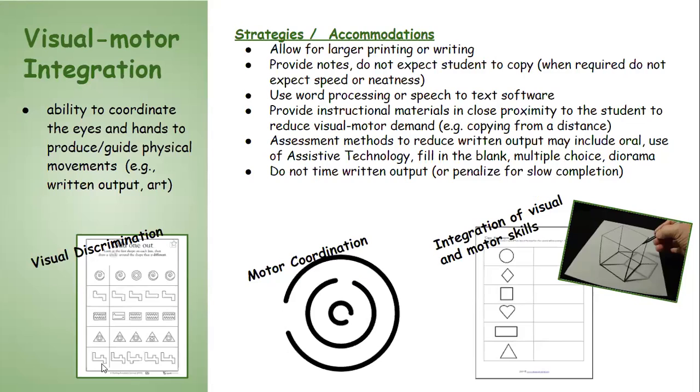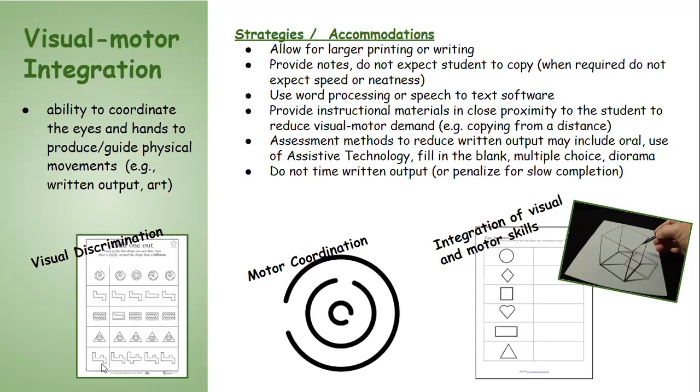In a psych ed assessment, it's measured sort of in 3 ways. Often the examiner will have the student try to discriminate visual symbols that are abstract. So kids that have this problem will be able to tell, for example, the difference between a B and a D when they're reading. This is also assessed through motor coordination.